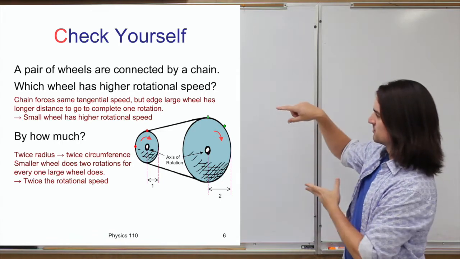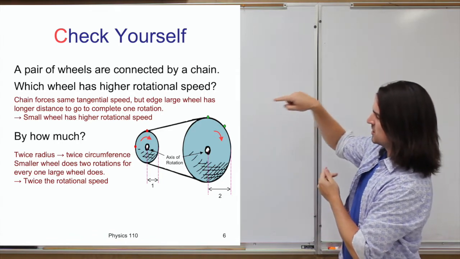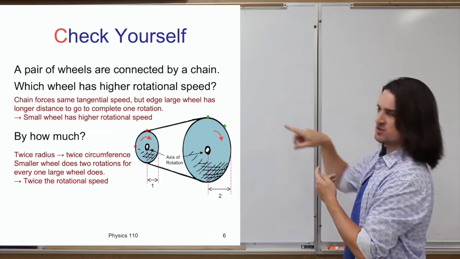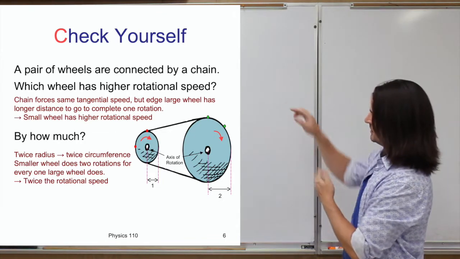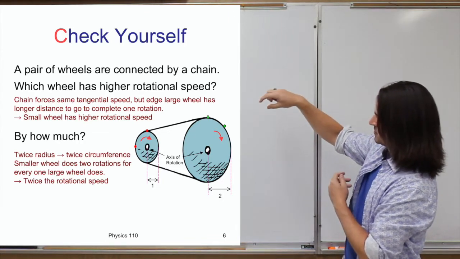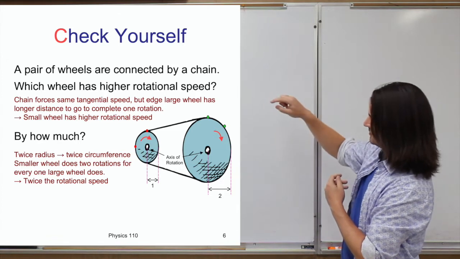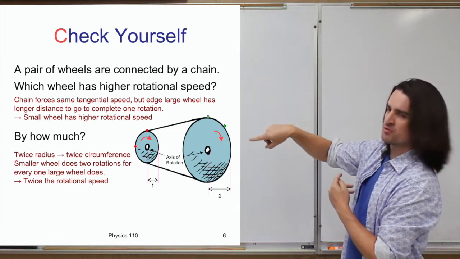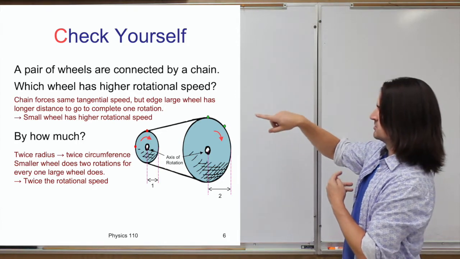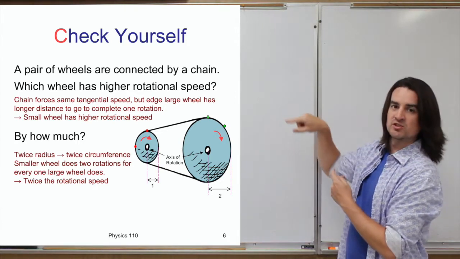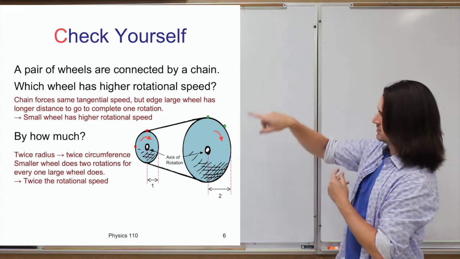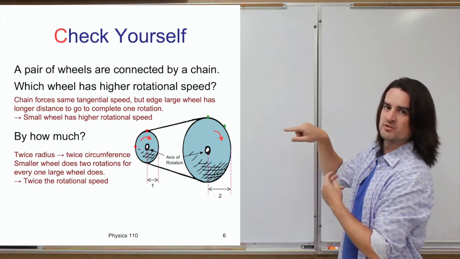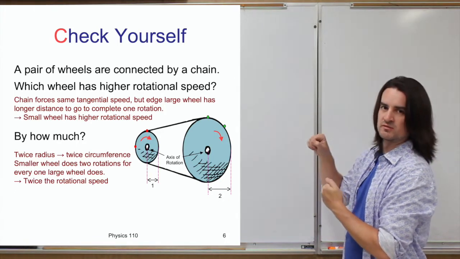Essentially, since the chain forces each of them to go at the same tangential speed around the outside, imagine those dots keep moving along, like the chain keeps moving along, and the smaller wheel has much less circumference, a shorter distance to go around before it completes a revolution.